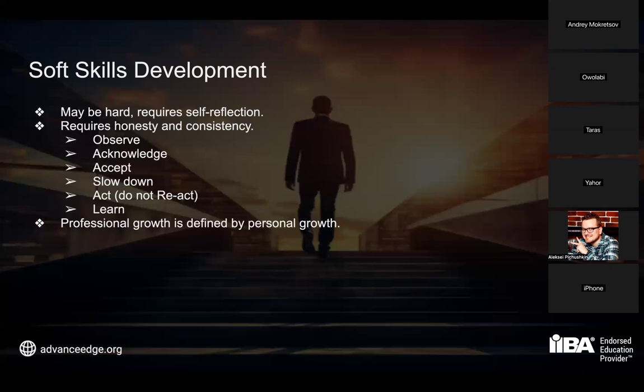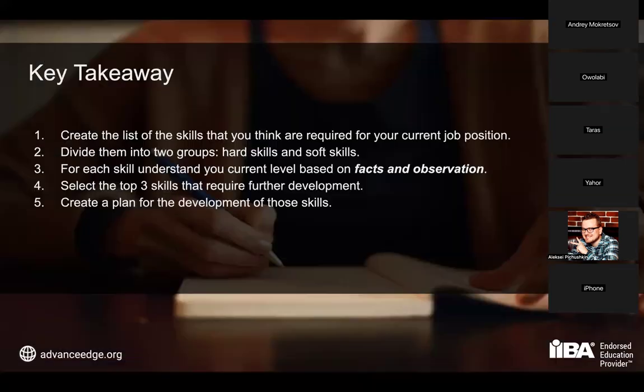Acknowledge, accept that this is what it is right now, slow down a little bit and start acting, not reacting to the critics, to the negative feedback, to what is going on. Start acting and recognizing all the other perspectives of other people that you are dealing with and learn from your activities. Professional growth is heavily dependent on your personal growth.